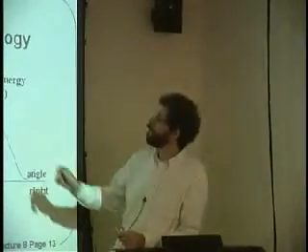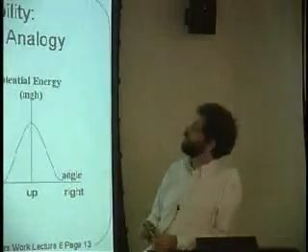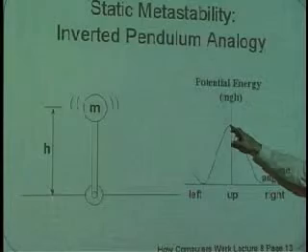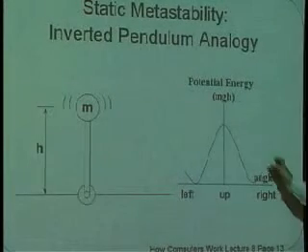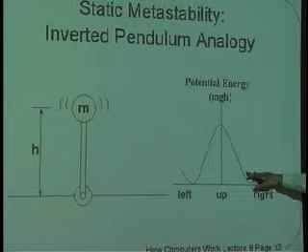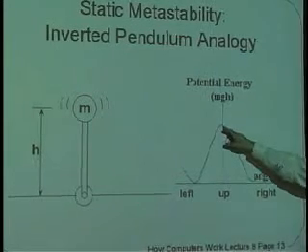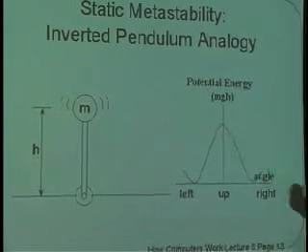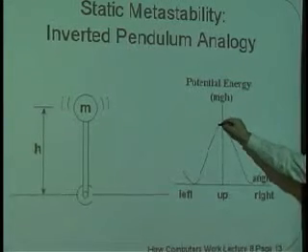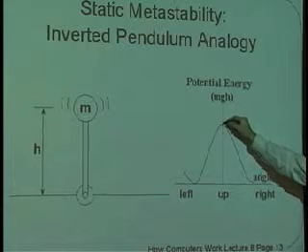If you think about the potential energy of the mass sitting on top of the stick, it is the greatest when it's straight up and down, and it's the least when it's leaned over to the right or leaned over to the left. So in fact, there is a hill here in energy that has a crest right here at the top. I can think about the state of the system as a little ball sitting on top of this hill. How long can the ball stay at the top of the hill?